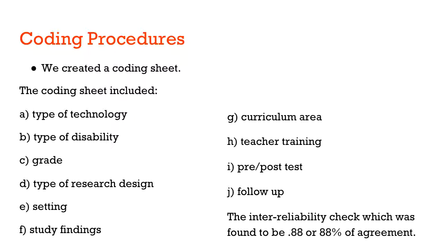We created a coding sheet that contains the following components: type of technology, type of disabilities, grade, type of research design, setting, study findings, curriculum area, teacher training, pre and post test, follow up, and checking for sustaining the skills.